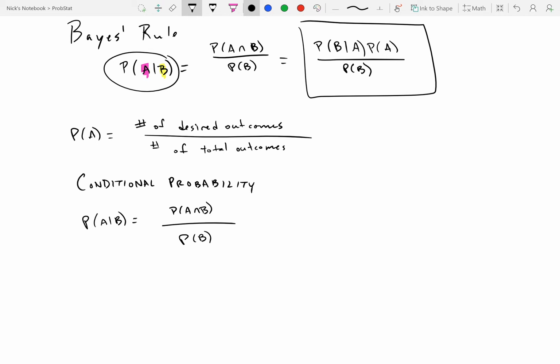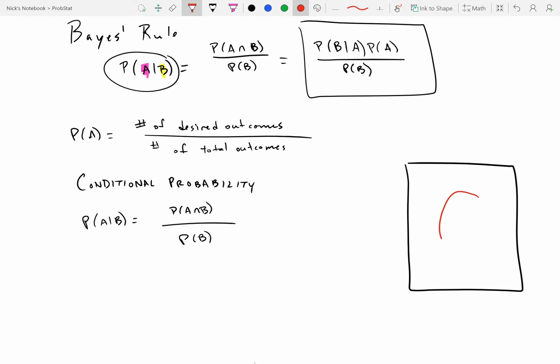Let me draw a little diagram. It won't be perfect. We have our entire universal set, and some part of it is going to be our B. That's our B right there. When we look at A, there's some intersection there.